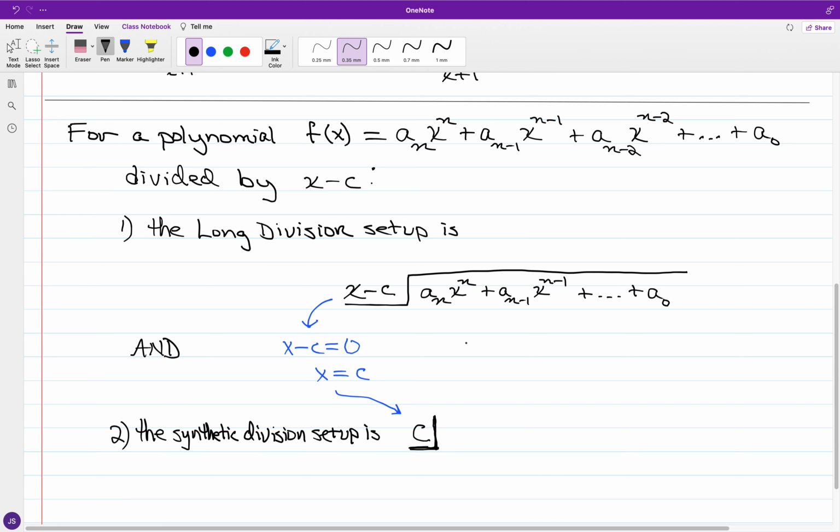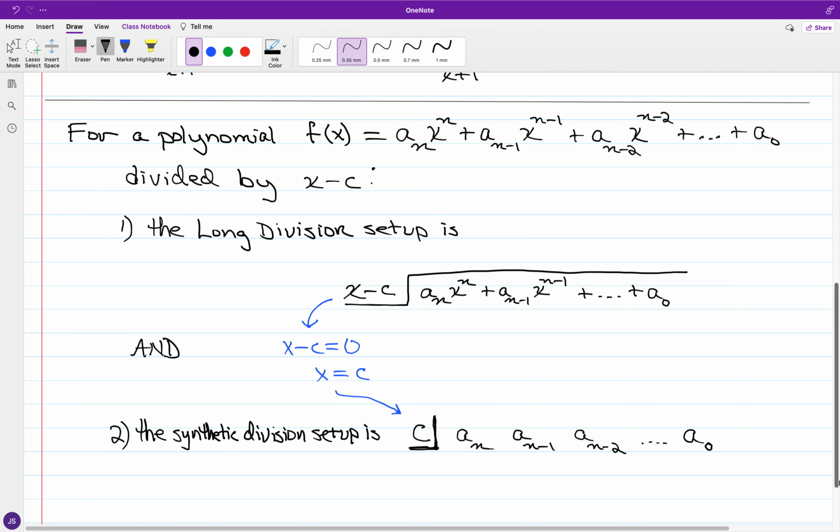We have column formation, so we have c to represent x minus c, and to represent the dividend itself, we're just going to have only the coefficients. I have a of n, a of n minus 1, a of n minus 2, going all the way out to the constant, which we have in general terms represented by a naught.